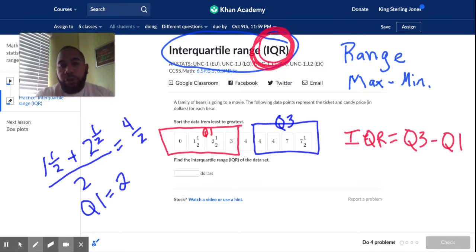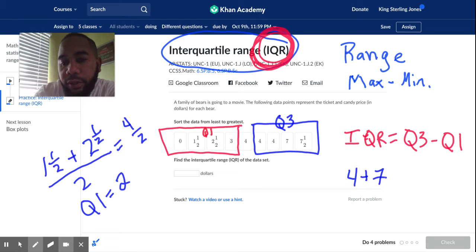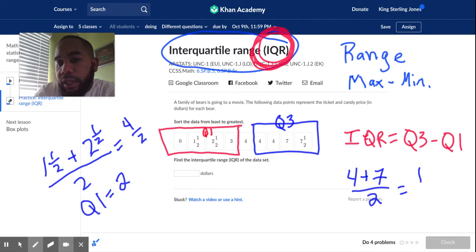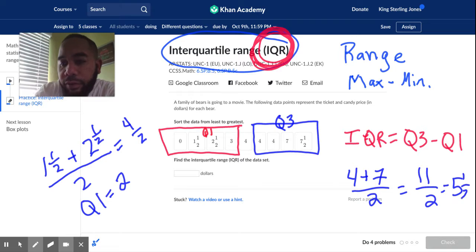Now Q3, we have 4 plus 7 divided by 2. Now 4 plus 7 is 11, divided by 2, and that's going to give us 5.5.